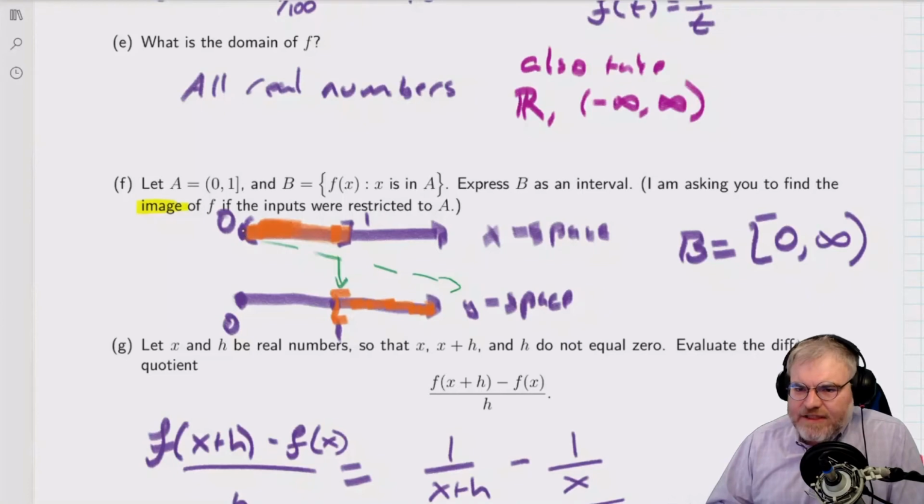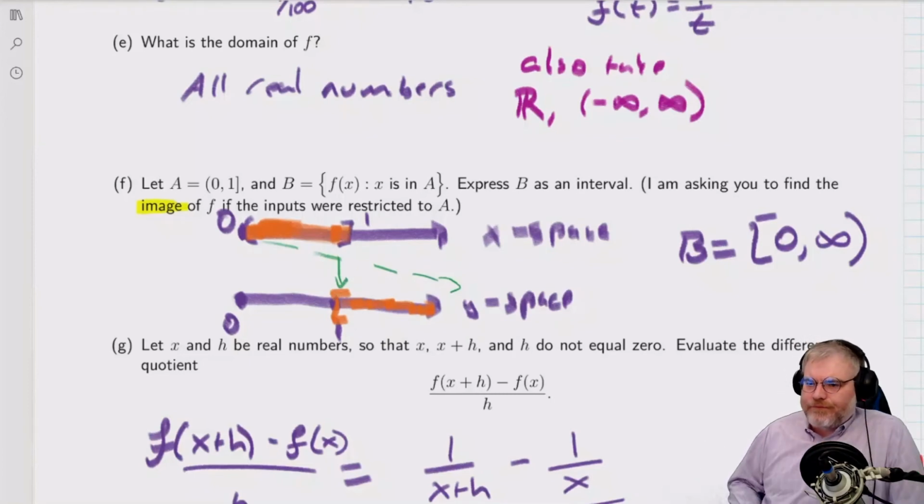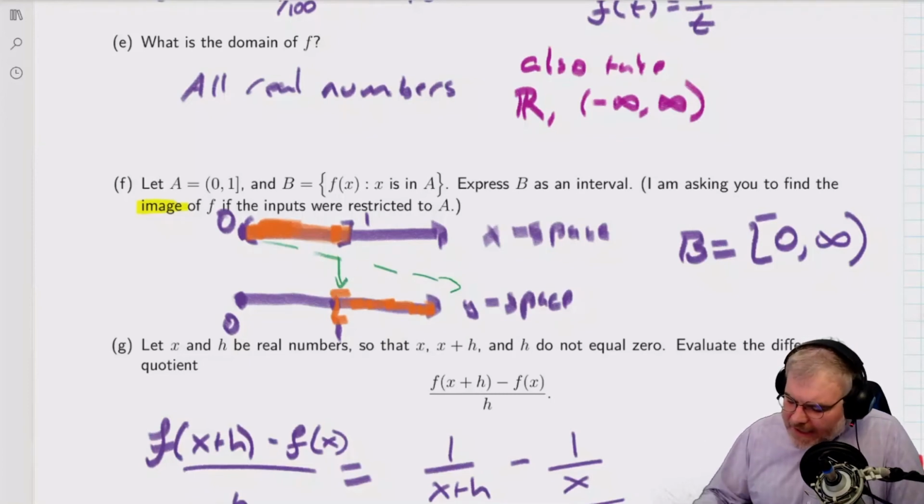So what I did was I went from open 0 to 1. So this is the X space up here. This is my A. Open interval 0, closed interval 1. Now, if I take 1 as my point in my Y space, where does 1 map to? So if my input value is 1, what is my output? 1.